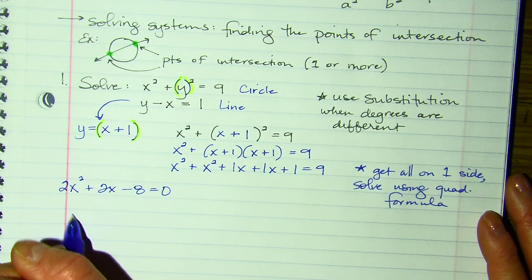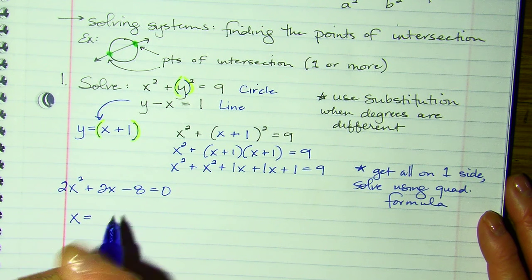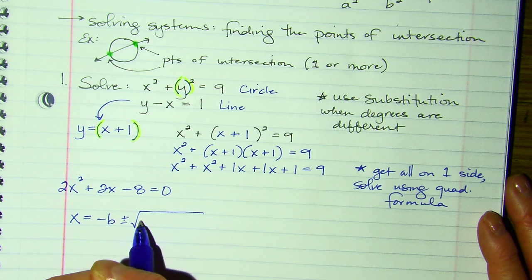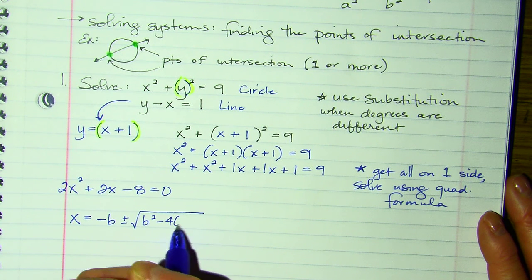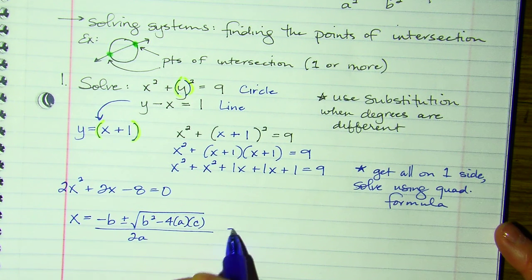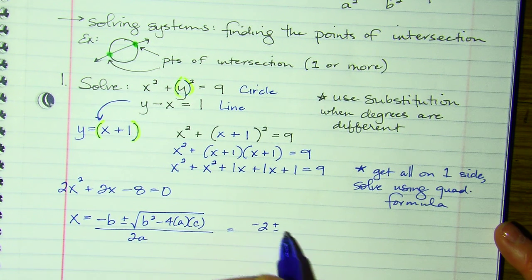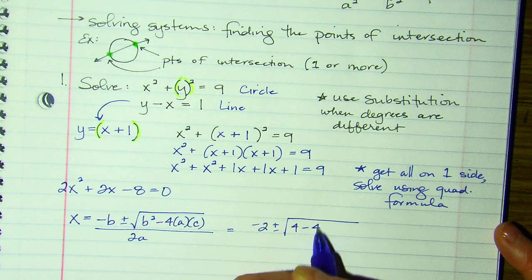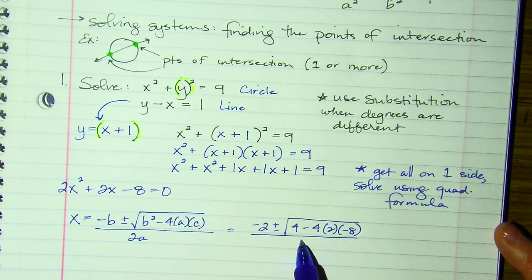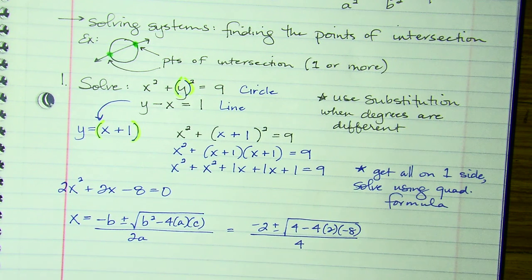And then I'm going to use the quadratic formula. So remember, quadratic is negative b plus or minus the square root of b squared minus 4ac all over 2 times a. So in this case, I would have negative 2 plus or minus the square root of 4 minus 4 times 2 times negative 8 all over 4. I would enter this in your calculator.